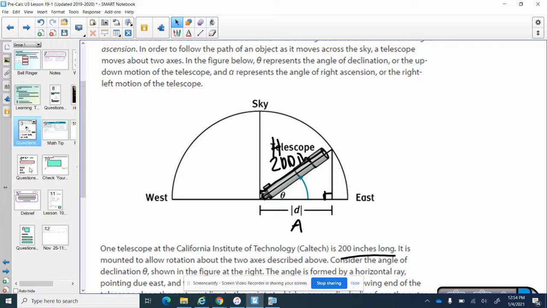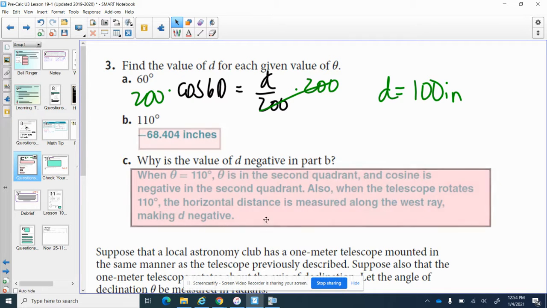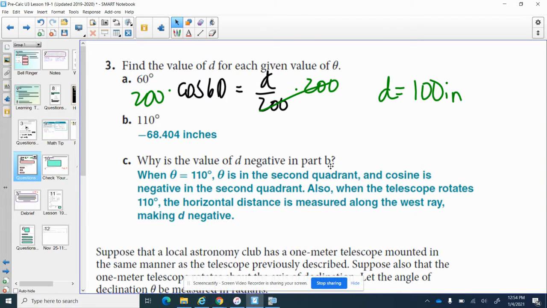Even though a negative amount of inches doesn't really make sense, it's in the second quadrant, and we know cosine is negative in the second quadrant. It's showing us a westward facing ray, versus if it was 68 in the positive direction, it would be eastward facing for the direction of our telescope.